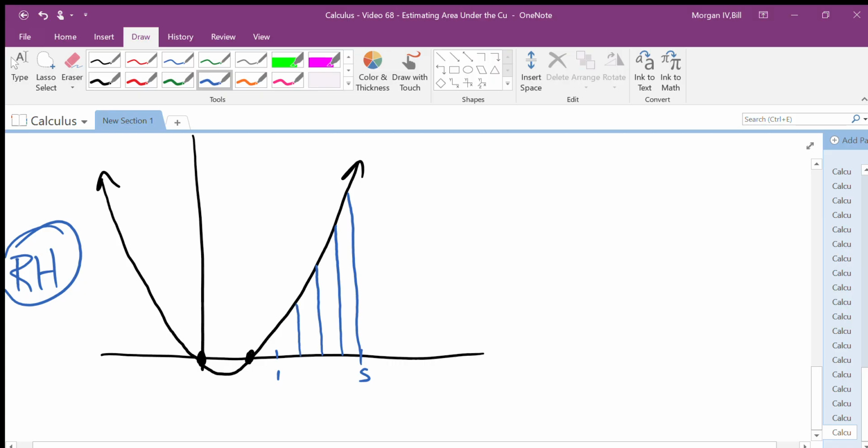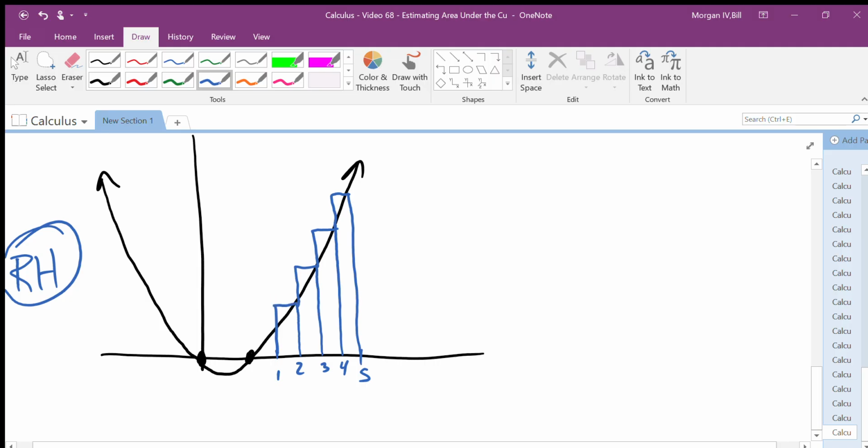Okay, so the farthest right rectangle, the fourth rectangle, if you will, I'll use the height on the right-hand side. That's way over here at the 5, the height at 5. And then we already know this is 4 and 3 and 2 and 1 there. So the third rectangle will have the height at 4, its rightmost side, and then its rightmost side for the second rectangle, and its rightmost side for the first rectangle.